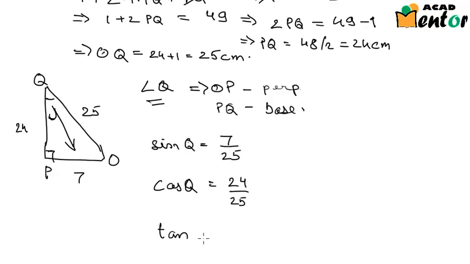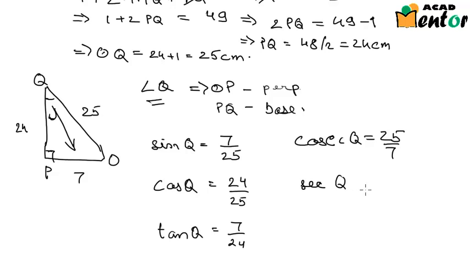And tan Q would be sin Q by cos Q, which gives us 7 by 24. And the others would be cosec Q, which would be 25 by 7. Sec Q would be 25 by 24. And cot Q would be 24 by 7.